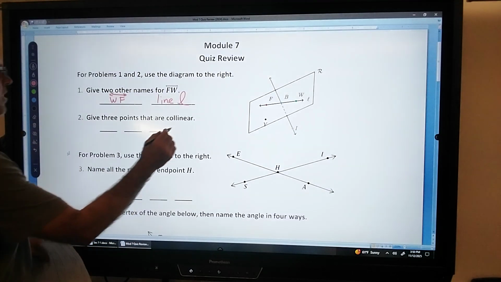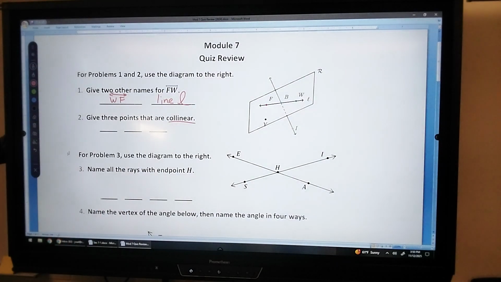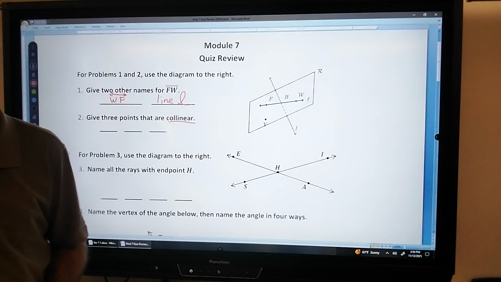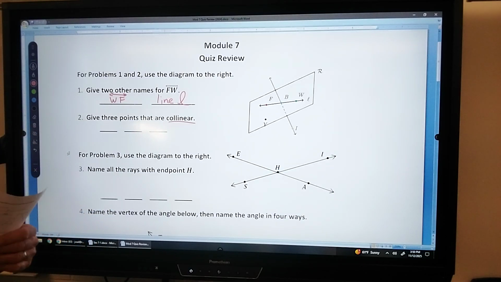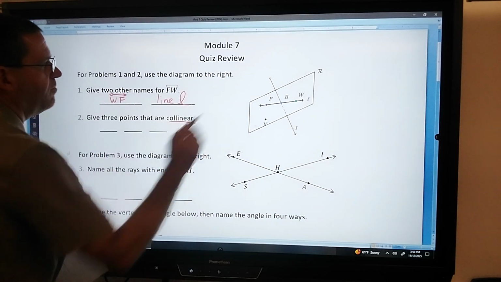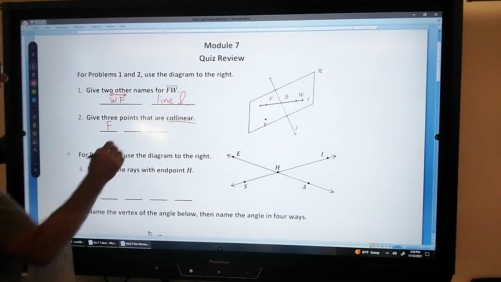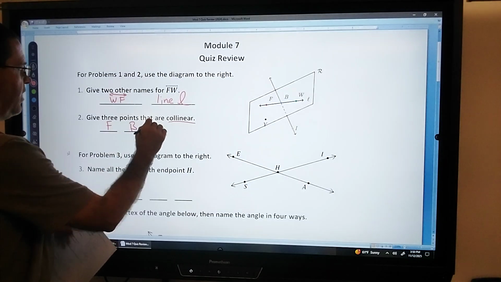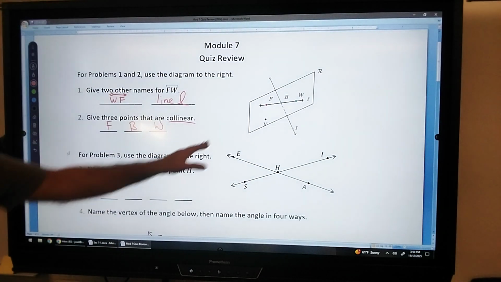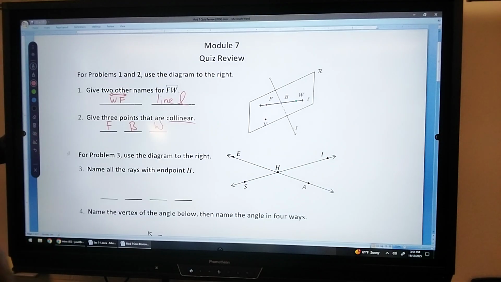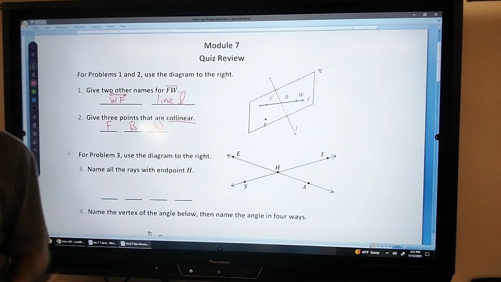All right, number 2, give 3 points that are collinear. Collinear means they must be on the same line. So they have to be all lined up. And if you look at the diagram, they would have dots next to them. So we have letters F, B, and W. All 3 of those are lined up, and that means collinear.